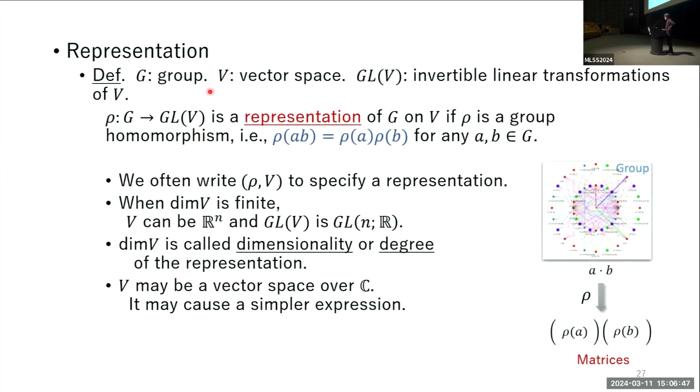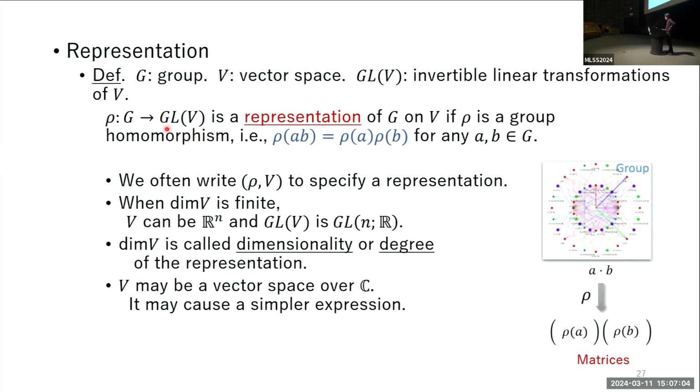Let's say we have a group, and V is some vector space, and GL(V) is just the invertible linear transformations, like GL(R^n) in the case of the Euclidean space.